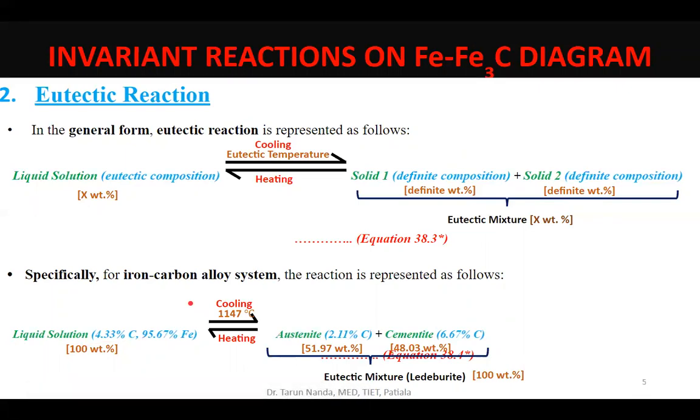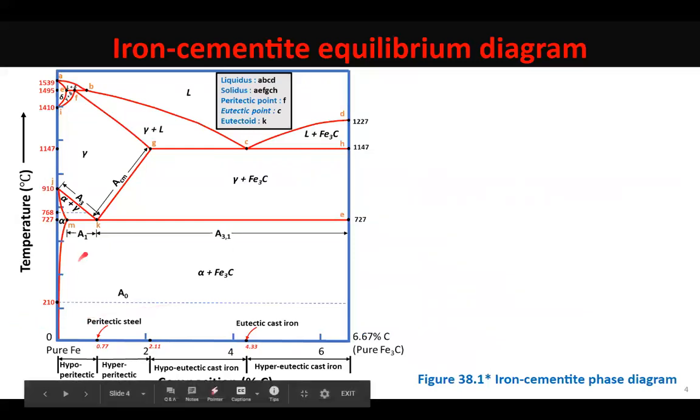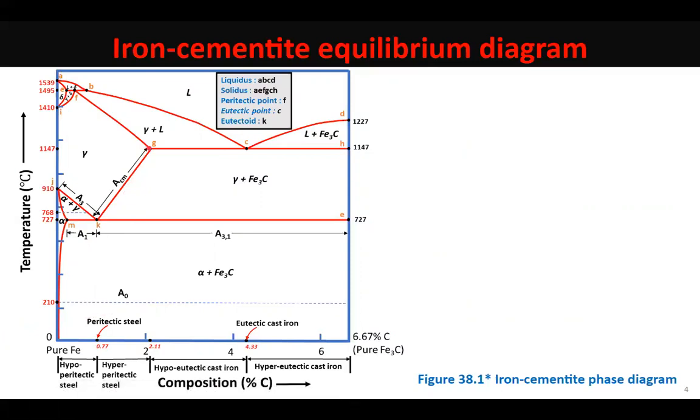Now, if you look at the iron cementite diagram, you'll see that this condition is met only by cast irons. So every cast iron, any iron carbon alloy with 2.11 percentage carbon till 6.67 percentage carbon, when it reaches 1147, would always have liquid solution in it, and that liquid solution would always be of eutectic composition, 4.33 percentage carbon. So that means that every cast iron will undergo this reaction during cooling and also during heating.